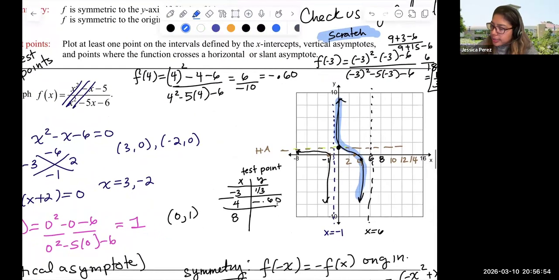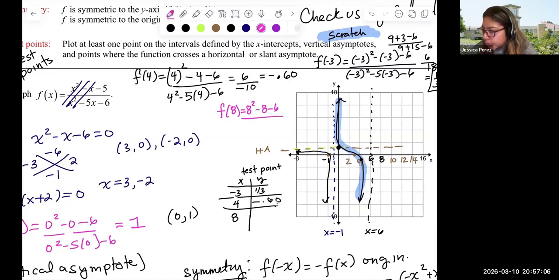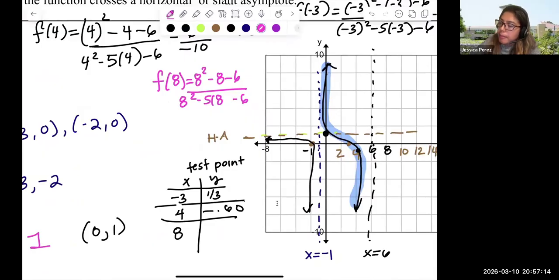And then what happens at 8? Well, f of 8 is going to be 8 squared minus 8 minus 6 over 8 squared minus 5 times 8 minus 6. So that's going to be 64 minus 8 minus 6, which is 50.